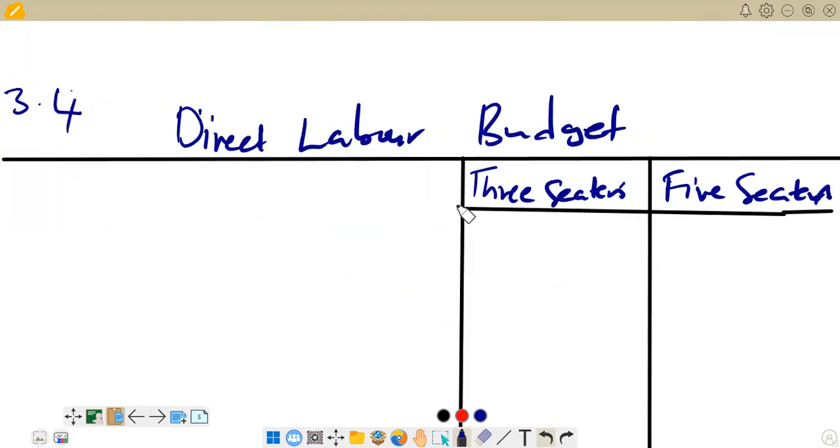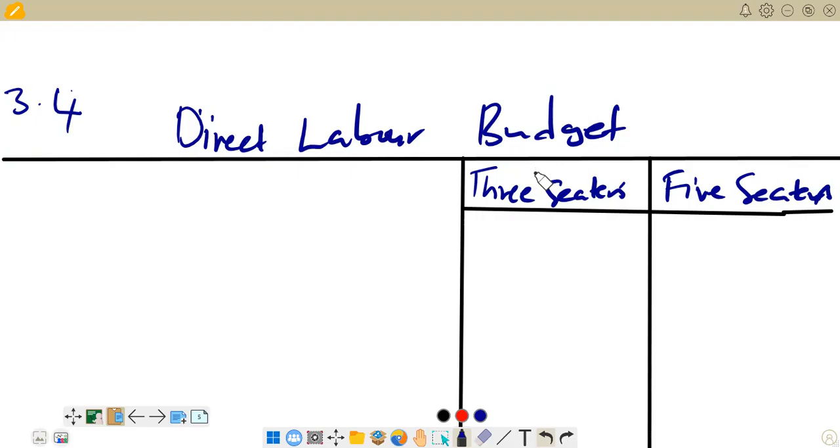Now we have the direct labor budget. On the direct labor budget, we are going to calculate the total direct labor cost. To calculate it, we need to know the units to be produced and the direct labor time per unit, and we then get the total hours.